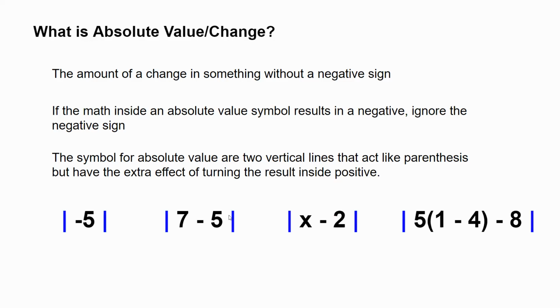They act as parentheses, but they have the extra effect of turning the result of whatever is inside positive. So I'm not going to go through all of these examples, but if we look at this as a parenthesis, we're going to do the math inside the two symbols. If it turns out to be a negative number, we will turn it into a positive number and then continue with the math.